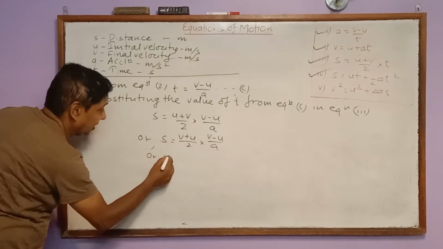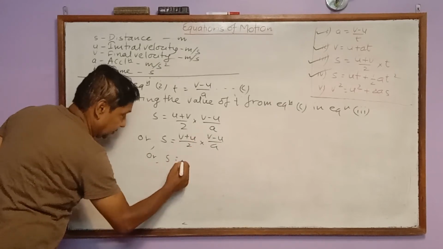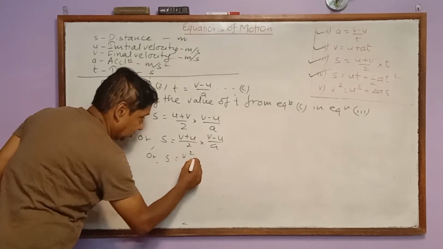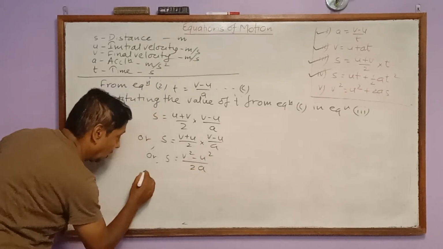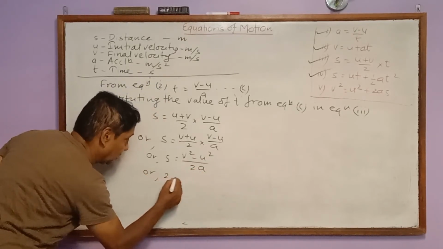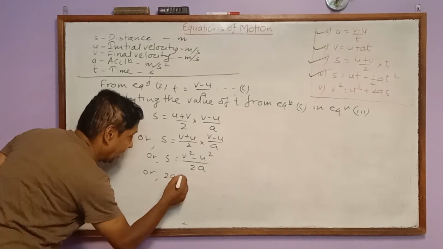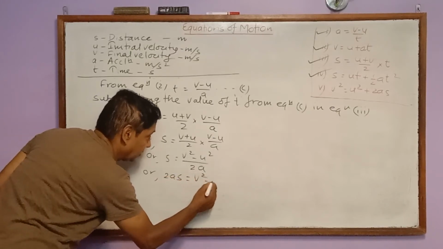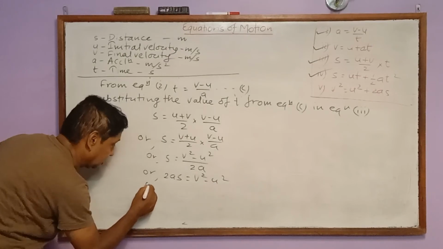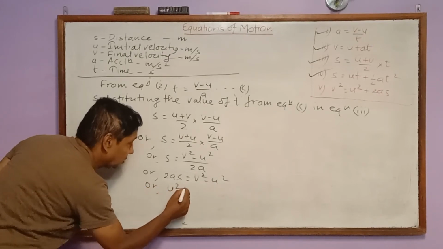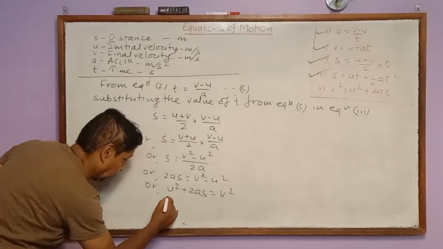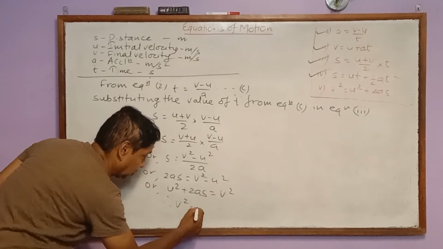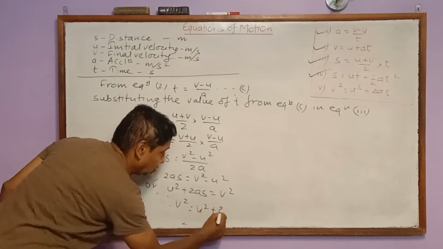That's why we can write s is equal to (a plus b) into (a minus b) is equal to a square minus b square, this by 2a. Or if 2a is taken to the left hand side, 2as is equal to v square minus u square. If u square is taken to the left hand side, then u square plus 2as is equal to v square. Therefore v square is equal to u square plus 2as.